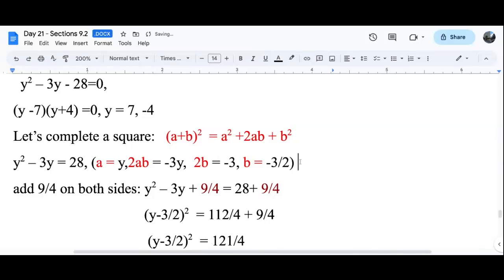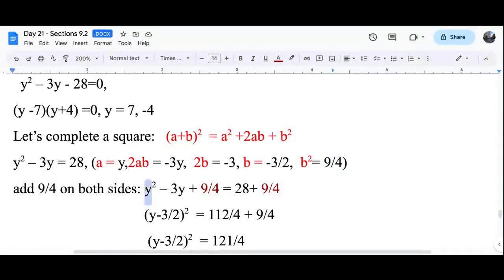But then what's b squared? 9 over 4, right? Negative 3 squared is positive 9. 2 squared is 4, so b squared is 9 over 4.